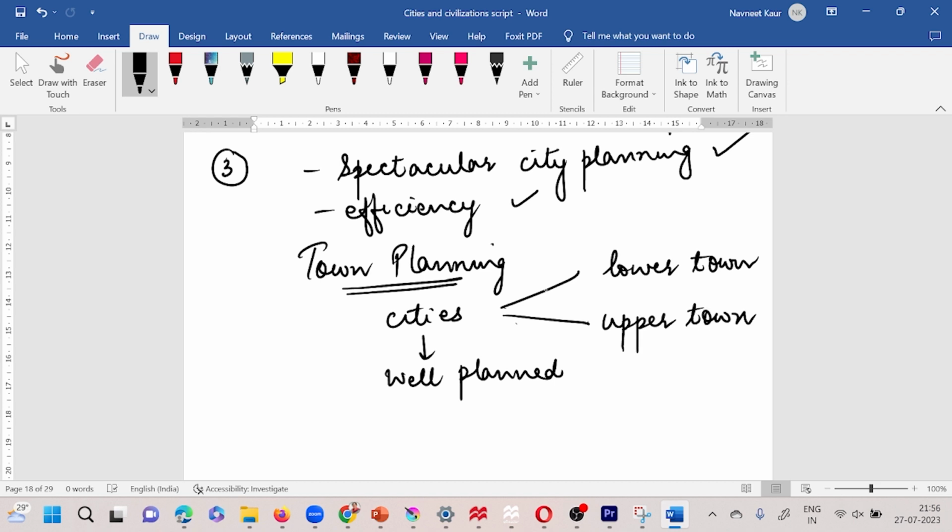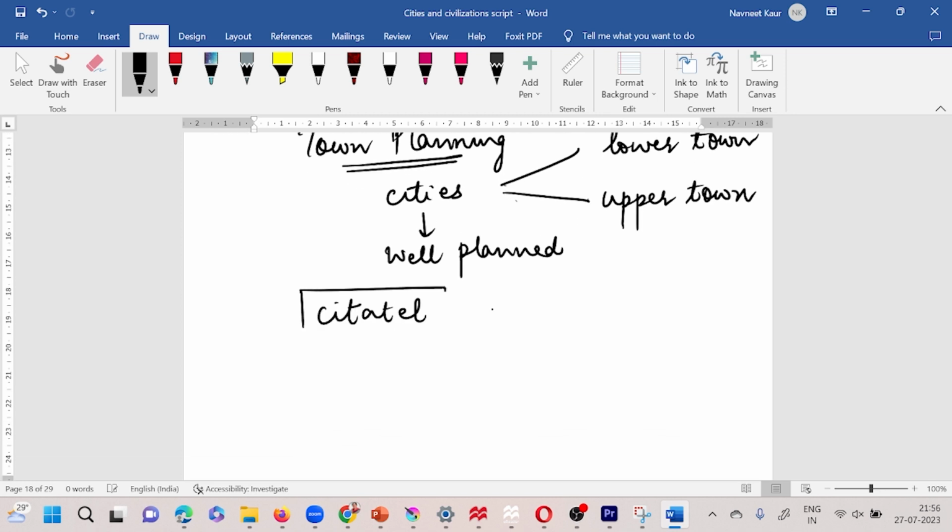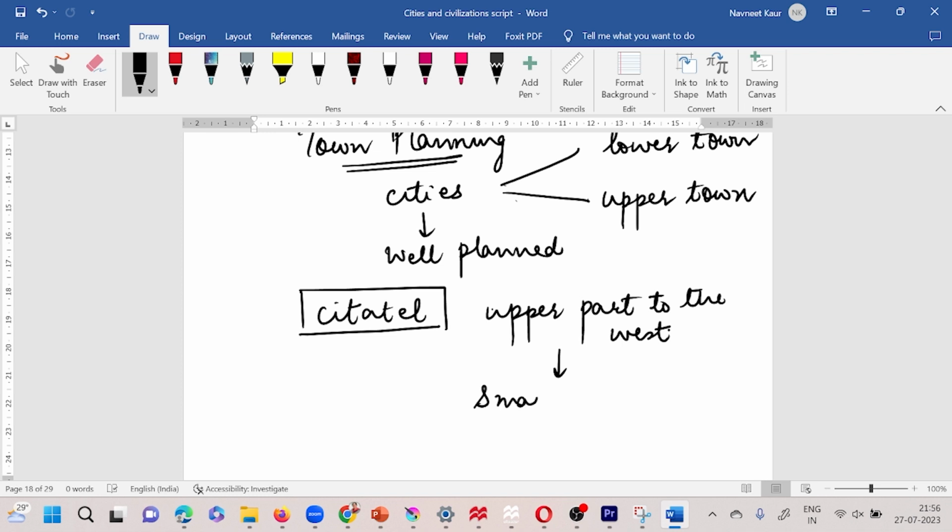There was a place called the Citadel, which was the upper part to the west, and it was smaller and higher.